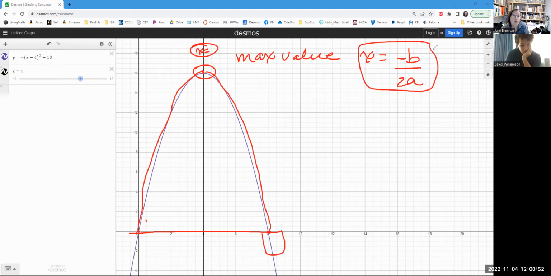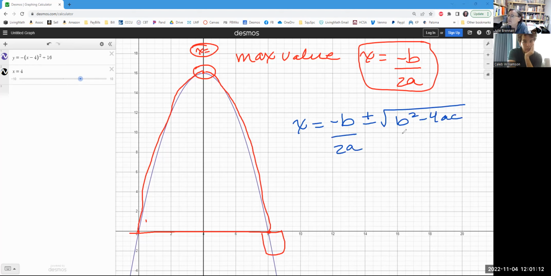This is actually the first part of the quadratic formula, if you haven't noticed it. The quadratic formula, which you have memorized, right? x equals negative b plus or minus the square root of b squared minus 4ac all over 2a.